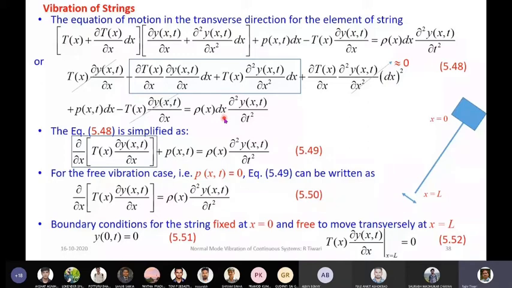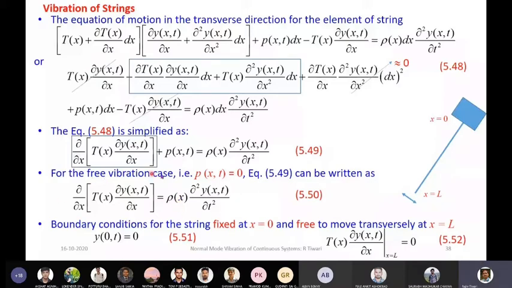Now, because at present we are interested in the eigenvalue problem, the free vibration problem, we'll ignore the external force. If we ignore the external force, we'll get the equation like this. This is the initial tension. This is the mass per unit length.